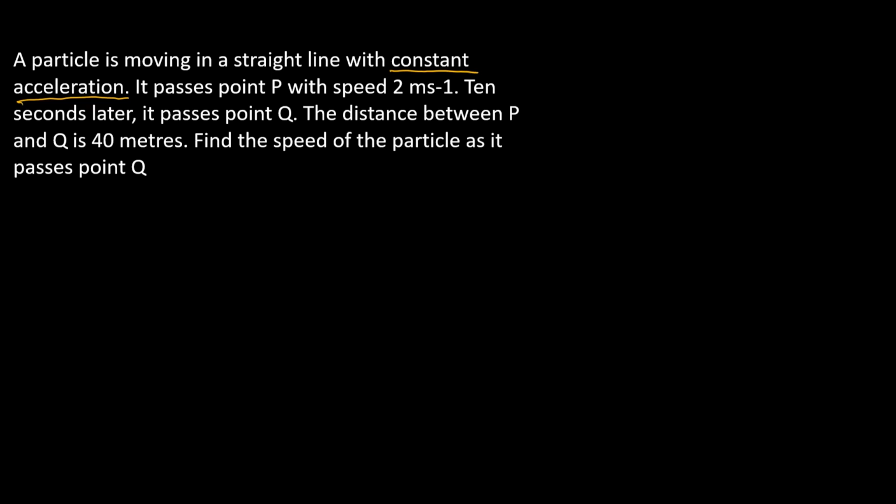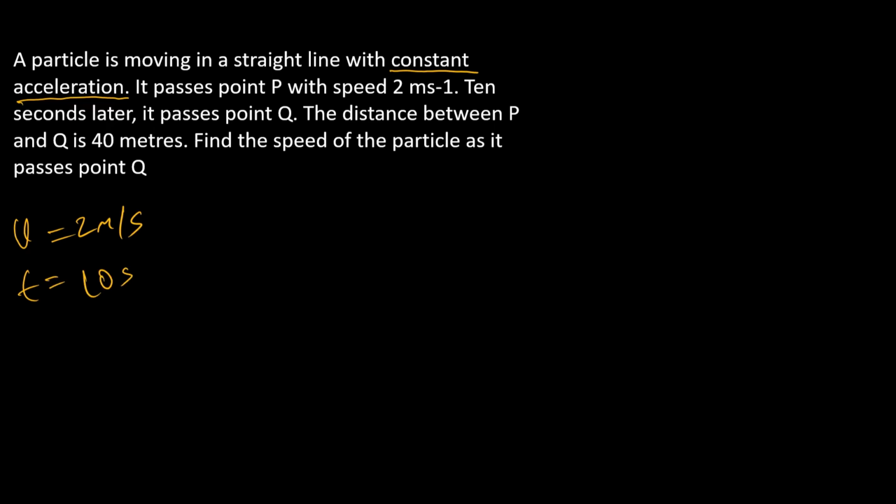Note here it says it passes point P with speed 2 meters per second, so it already has a speed before it passed point P. Which means this speed is our initial speed. So we have our initial speed u to be 2 meters per second. Then it said 10 seconds later, that is our time. Now we have our time to be 10 seconds.